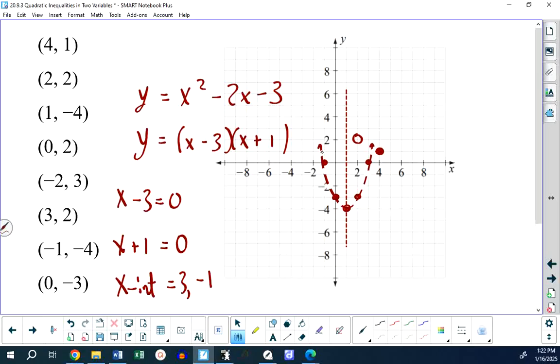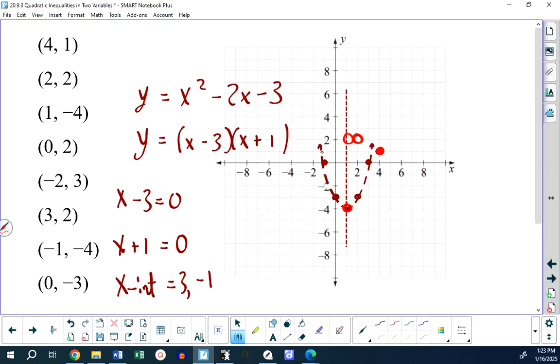1, negative 4. I'm just going to choose a different color because this is kind of small. I believe 1, negative 4 is not a solution. When we look at 0, 2, 0, 2 was not a solution. I'm not memorizing this, I'm just seeing where they go. When you look at negative 2, 3, I can't tell.